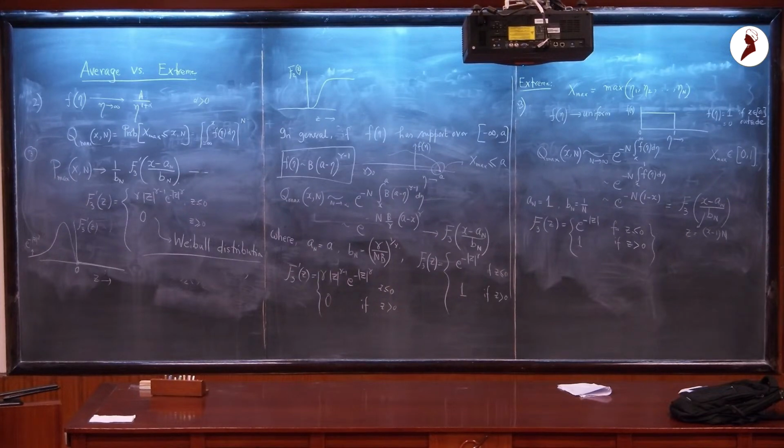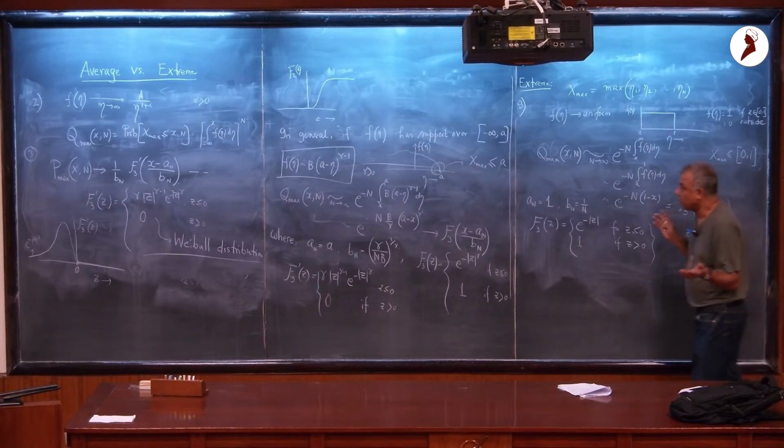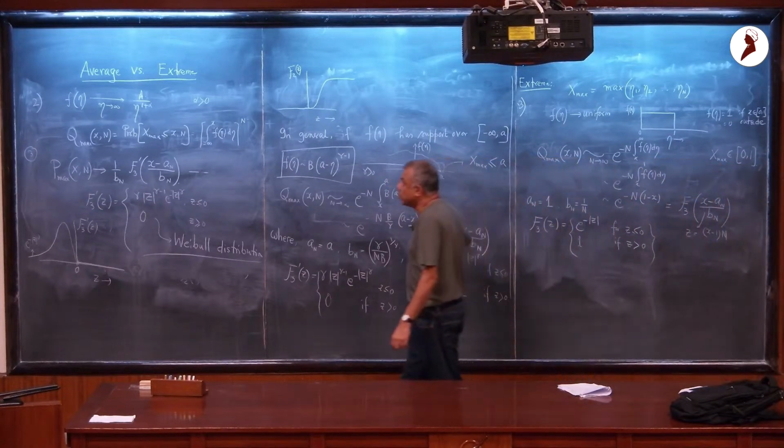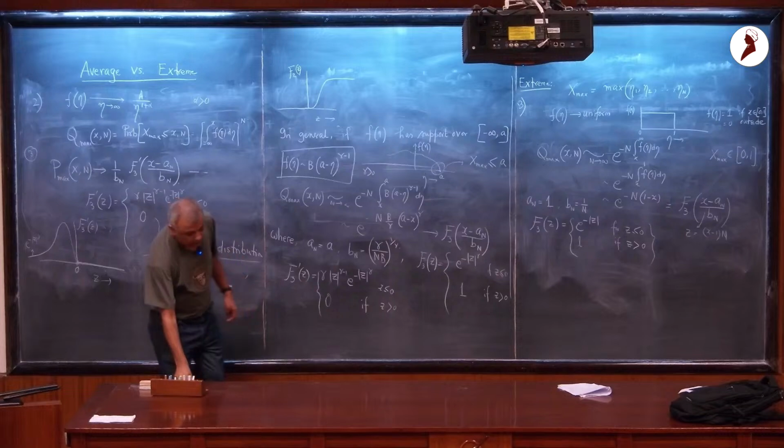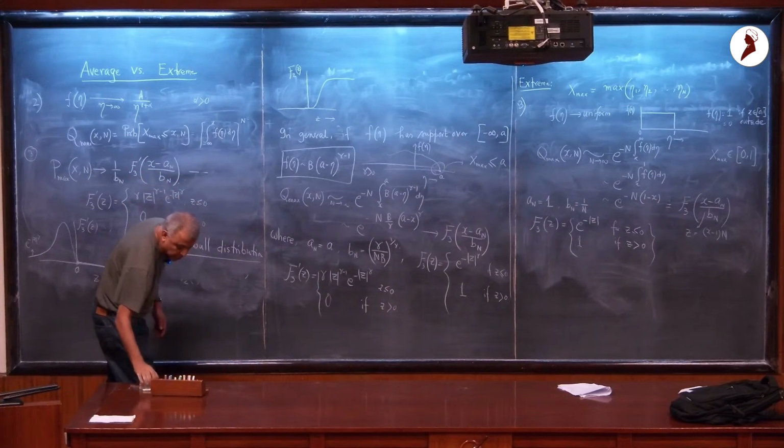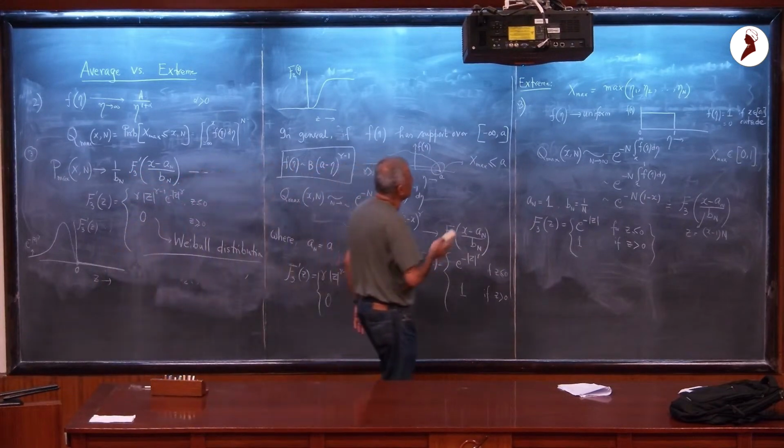But if you scale appropriately, that means you shift by some an, which may be different in Bangalore, Bombay and Calcutta, and bn might also be different, but if you subtract off the mean and scale factor, they will all be described by the same function. So this is the universality. And so we have seen 3 universal functions, which are Gumbel, Frechet, and Weibull. So let me now summarize these things.